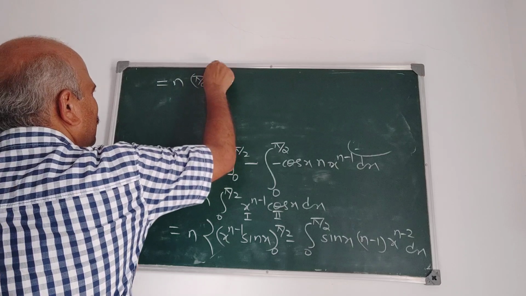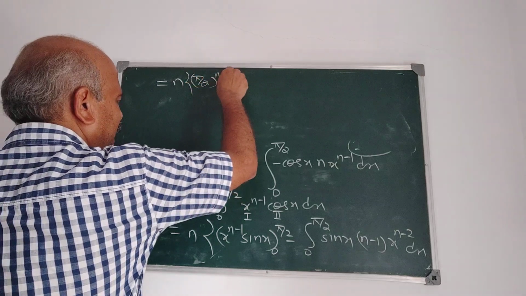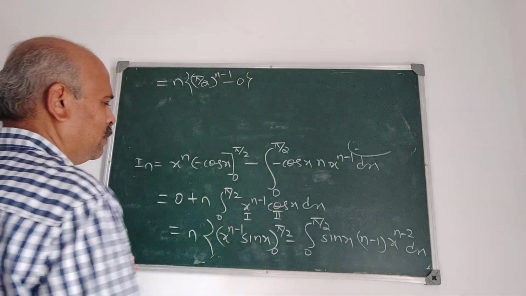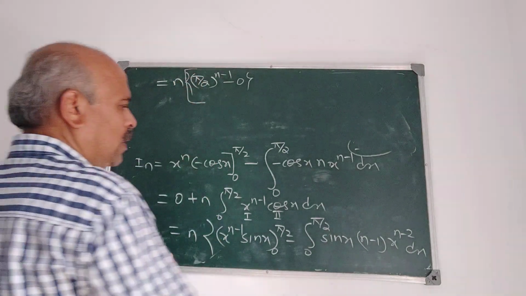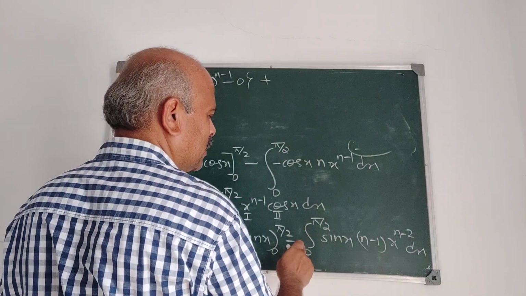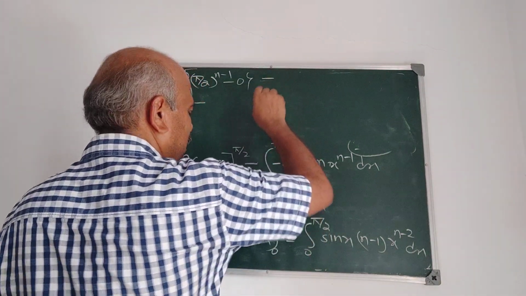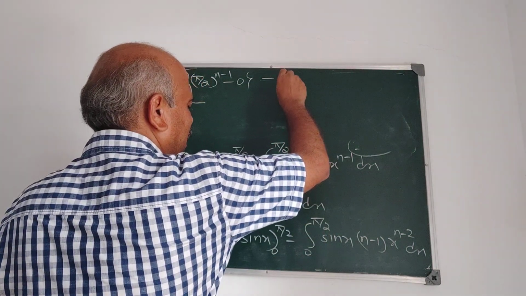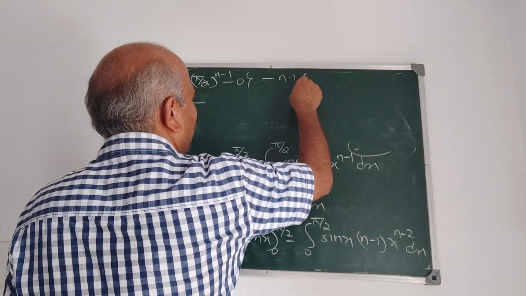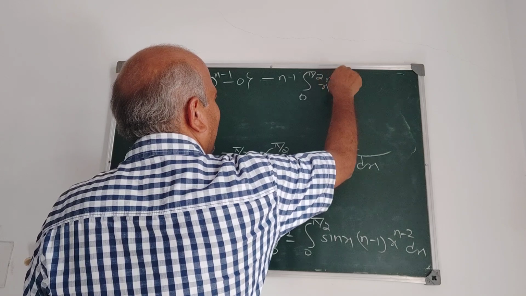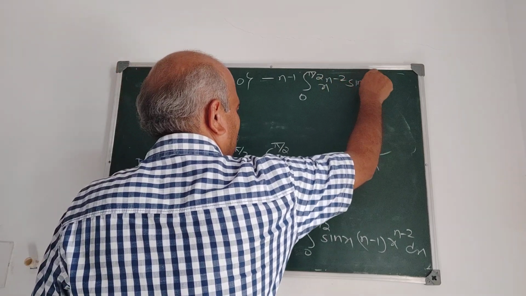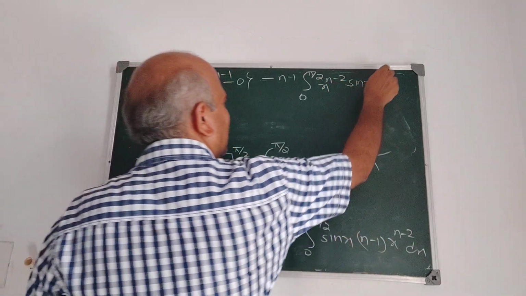So (pi by 2) raised to n minus 1, minus sin 0 is 0. Correct? Sin 0 is 0, plus minus, or minus it is minus n minus 1 integral 0 to pi by 2 x raised to n minus 2 into sin x with respect to x.